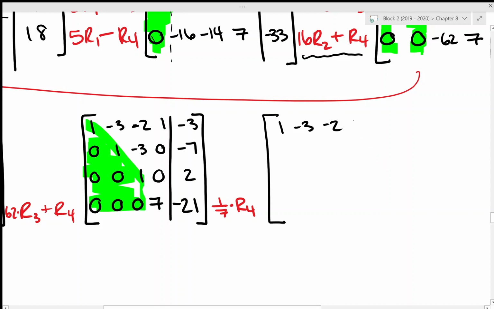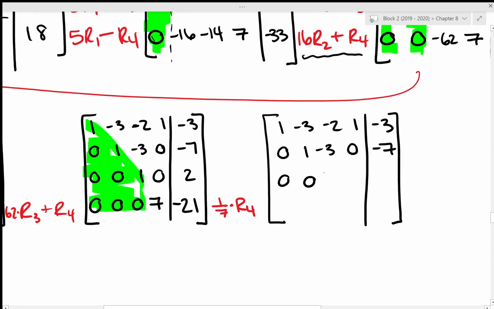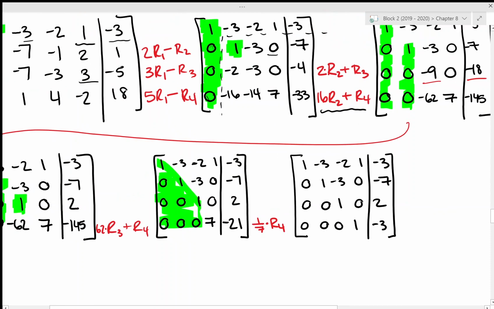It should be positive 1. 0, 1, negative 3, 0, negative 7, 0, 0, 1, 0, 2, 0, 0, 0, 1, and it will be negative 3. So I got the row echelon form. Got my 1s, and I got the 0s below.